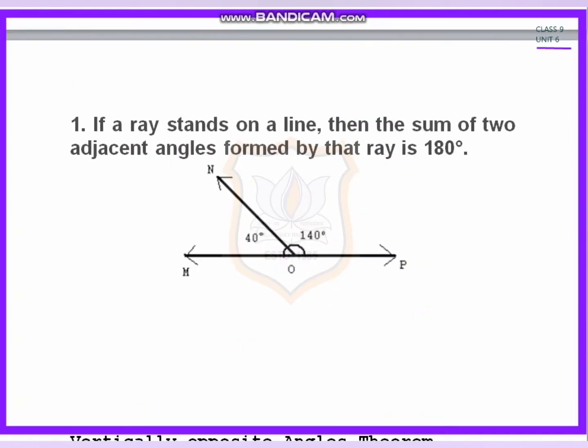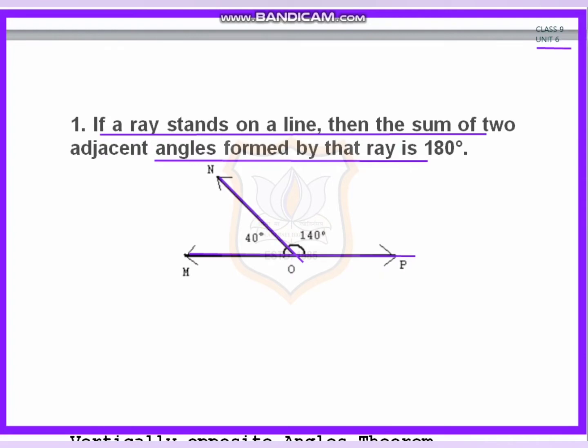We can say these two lines are parallel lines because they do not cross each other at any point. Today we will learn some properties related to lines and angles. First property: if a ray stands on a line, then the sum of the two adjacent angles formed by the ray is 180 degrees. Here is an example: this is MP and ON is one ray.